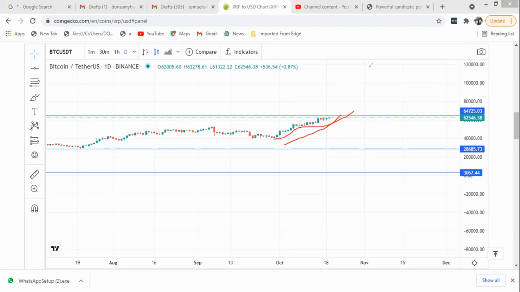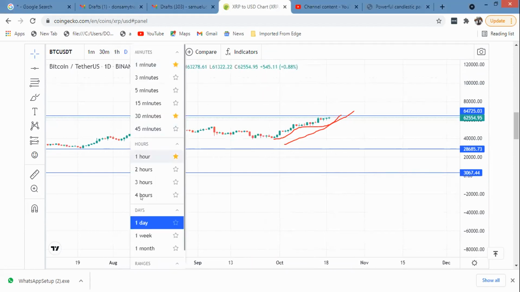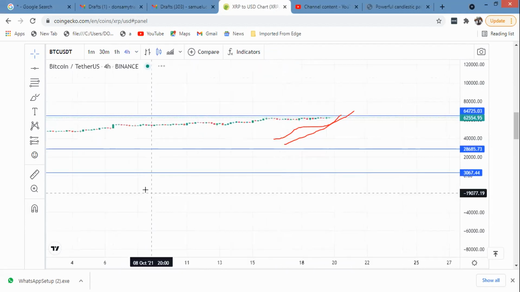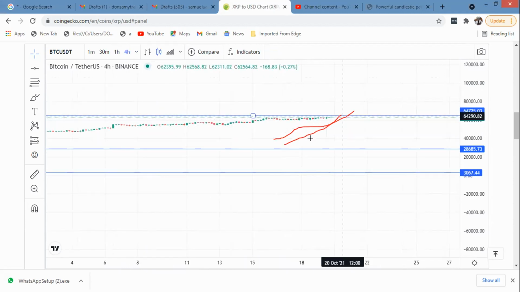Okay. Now, let's go and see something. If I want to know what the price is doing per day and in between days, I will go to 4 hours. I'll go and select 4 hours. Later, I will show us how to look at this from the phone.